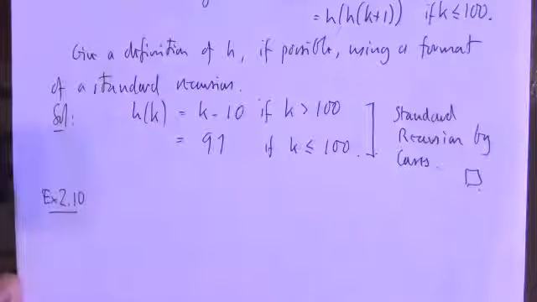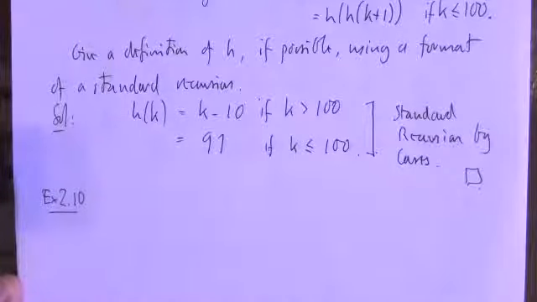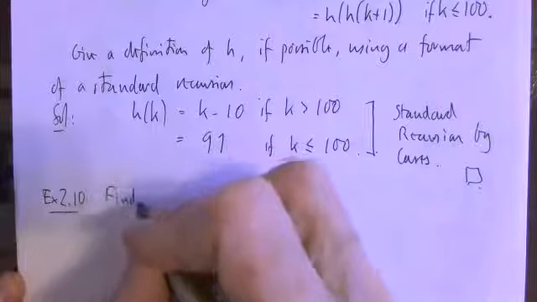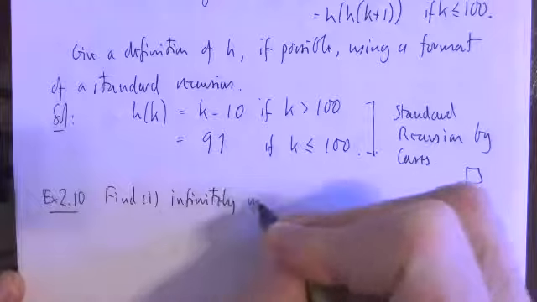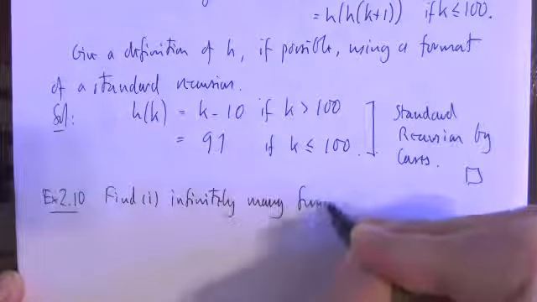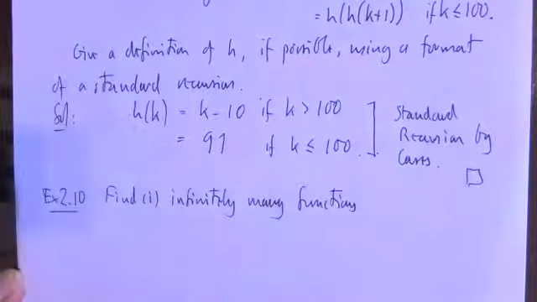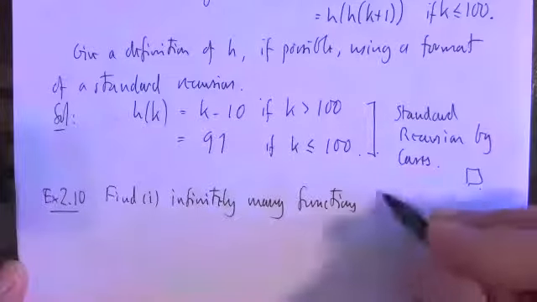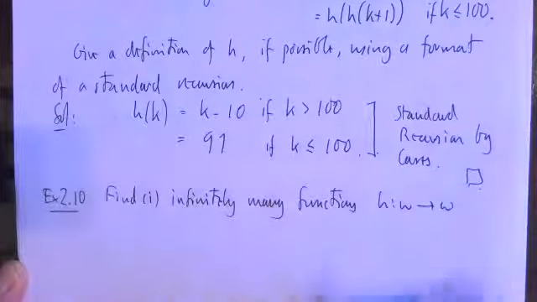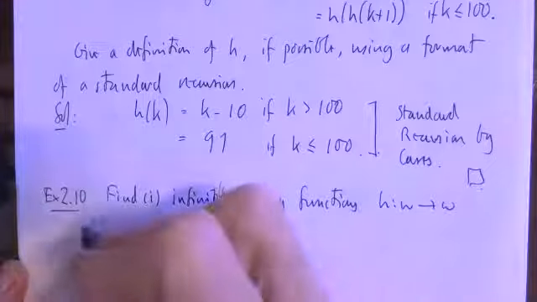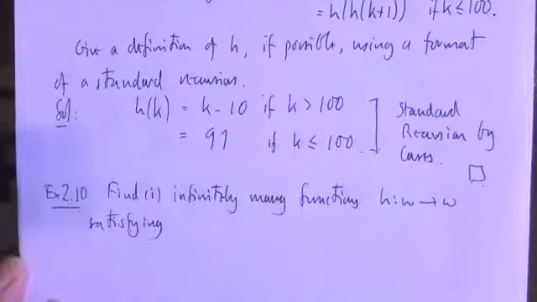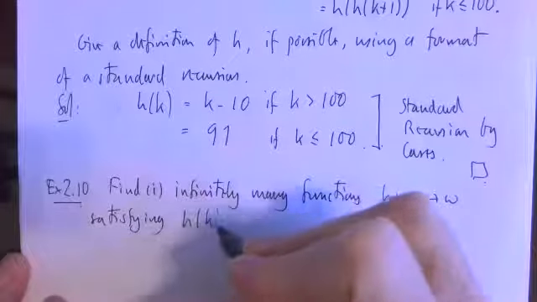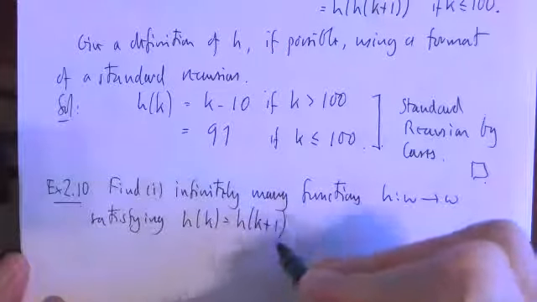Exercise 2.10. Part 1 is to find infinitely many functions h from omega to omega satisfying h of k is h of k plus 1.